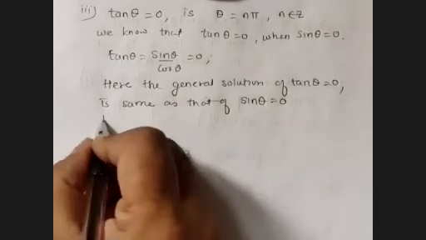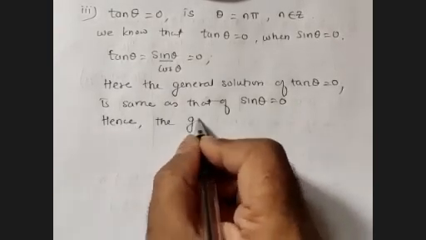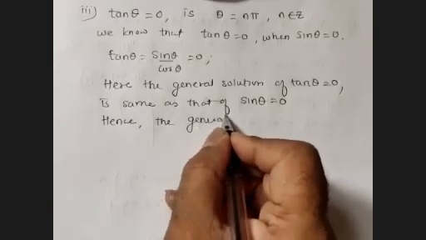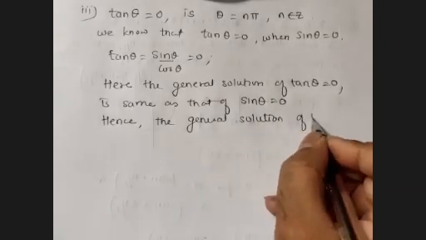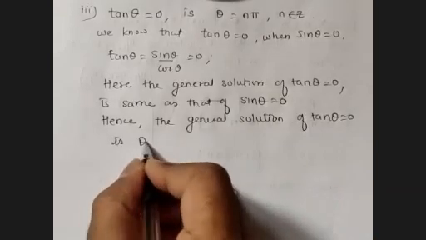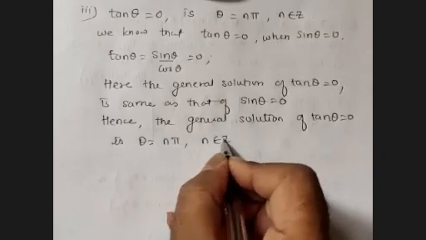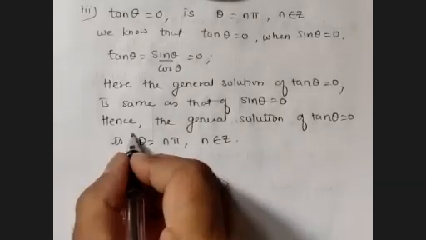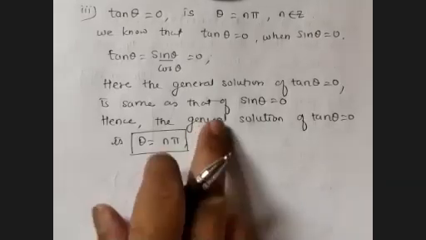So hence the general solution of tan theta is equal to 0 is theta is equal to n pi. So this is the condition for what? Sin theta is equal to 0. Same.